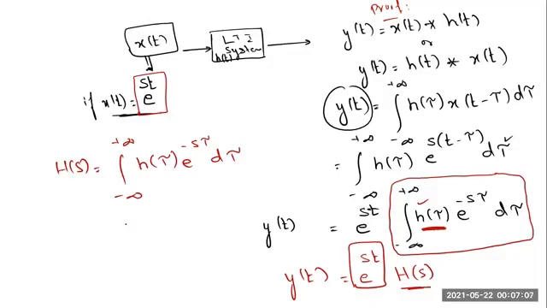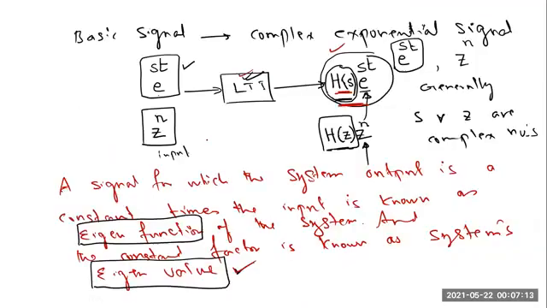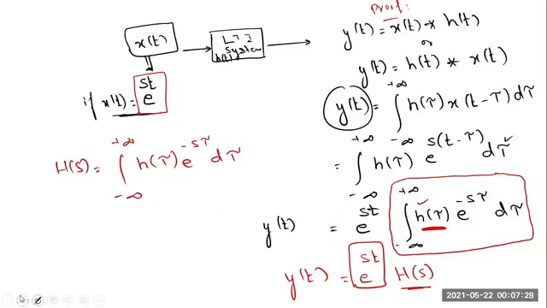Now you can do the same thing for discrete time systems. Without going into the proof, I just mentioned that if the input is z raised to power n, the output is also z raised to power n multiplied by this. So how do we get to this answer? We have already covered discrete time LTI systems.